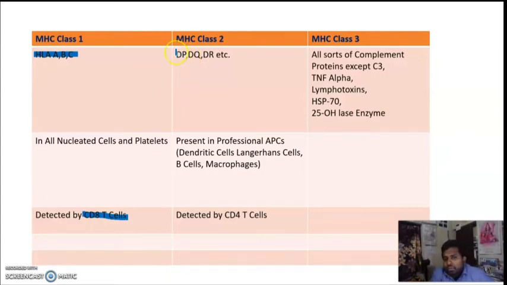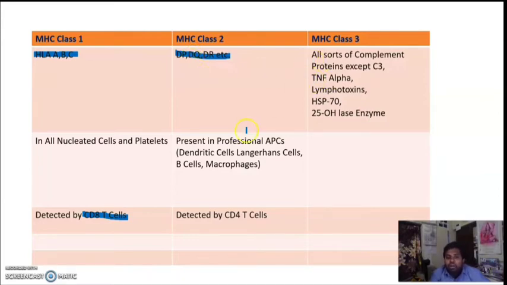Now MHC class 2, DP, DQ, DR etc. are associated with various autoimmune diseases like diabetes mellitus, rheumatoid arthritis, SLE. In case of SLE, DR3 more than DR2, and in case of rheumatoid arthritis, DR4, DR1 etc. are the associated MHC HLA antigens.